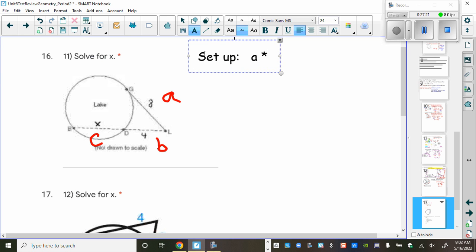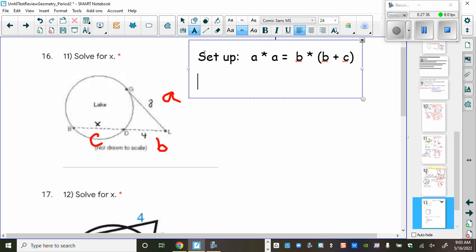It's going to be A times A. So we're multiplying A times itself equals B times B plus C. That's going to be your setup. There's your setup.